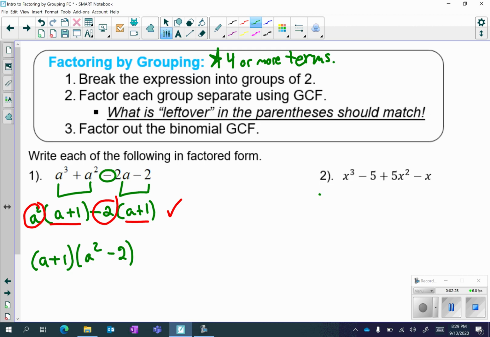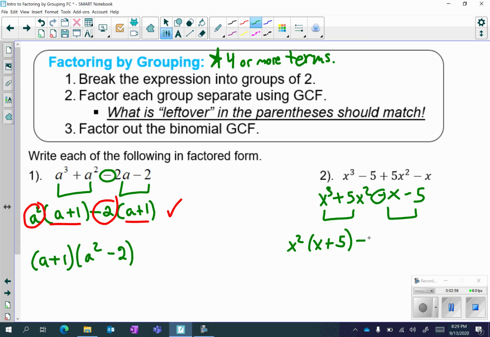So I'm going to rewrite this as x cubed plus 5x squared minus x minus 5. And then I'm going to try again. Again, my middle sign is a negative, so I'm going to factor out a negative. Now, they don't really have a GCF, right? x and 5.